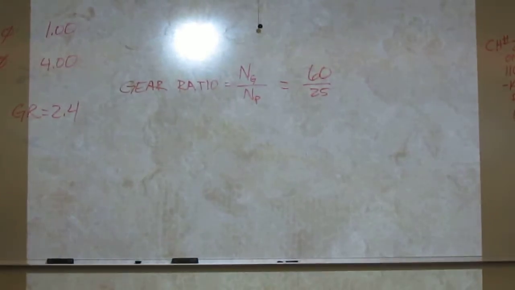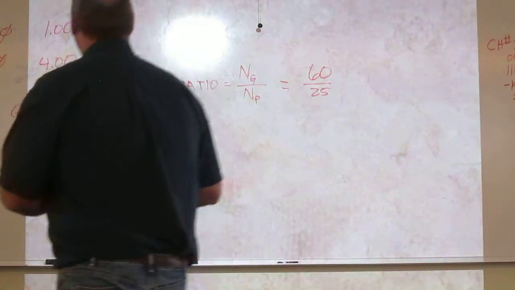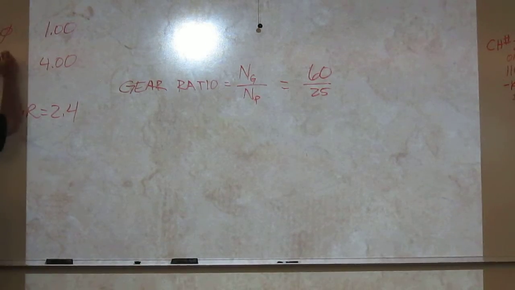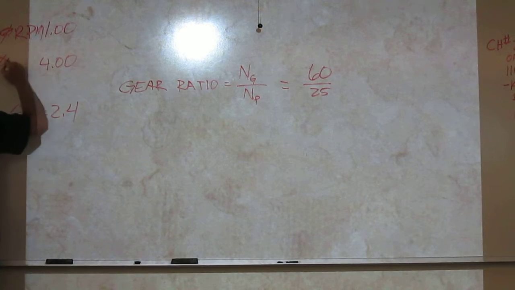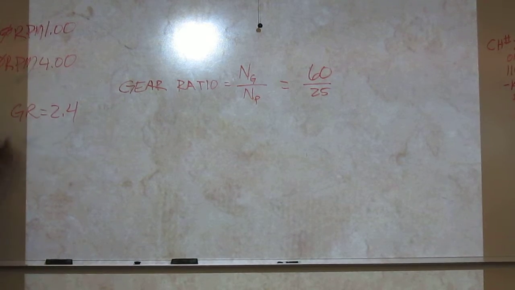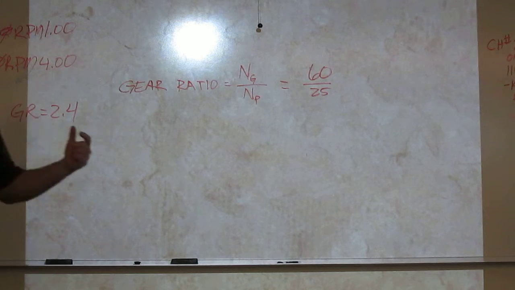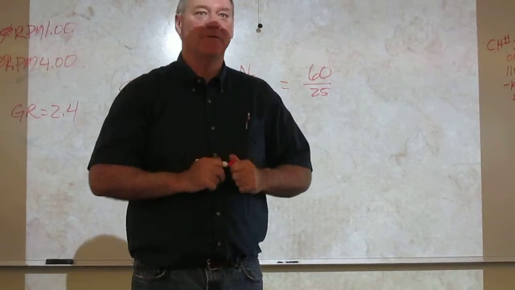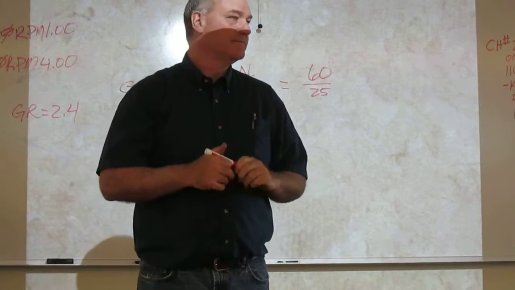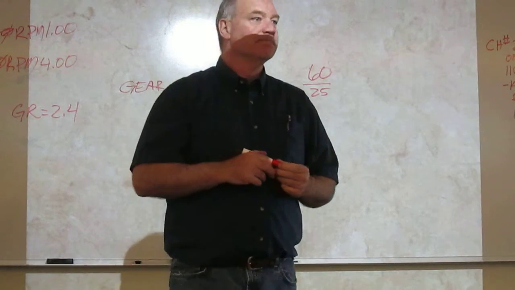I can also do it off of RPM, revolutions per minute. If I know one shaft is turning 1,000 RPM, the shaft it's connected to is turning 4,000 RPM, what's my gear ratio? So it's not about the teeth, it's about the size pretty much.